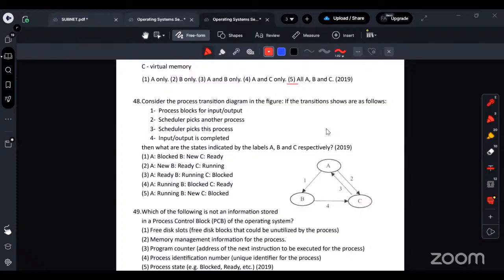Okay, so what is happening in one? The process requires an input-output operation, right? And in two, from A to C, what is happening is scheduler picks another process.